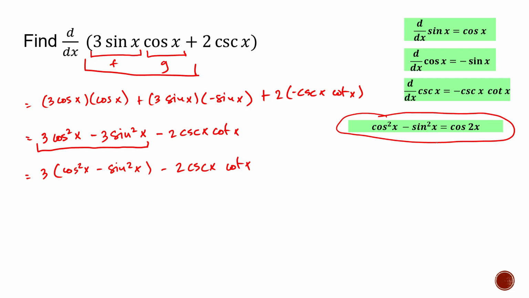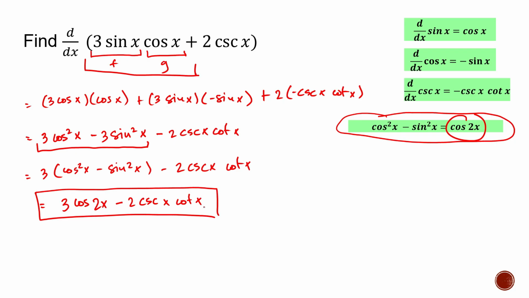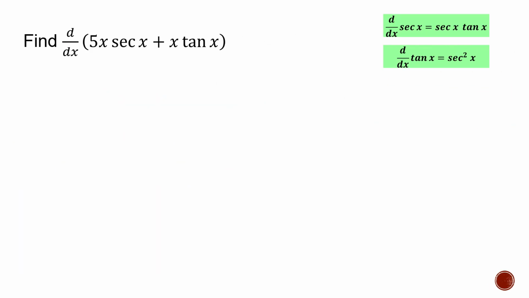Now this is equivalent to cosine 2x, a double angle identity. So our final answer is 3 cosine 2x minus 2 cosecant x cotangent x. There you go.